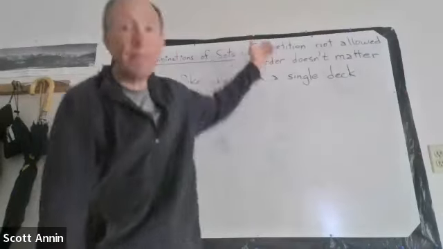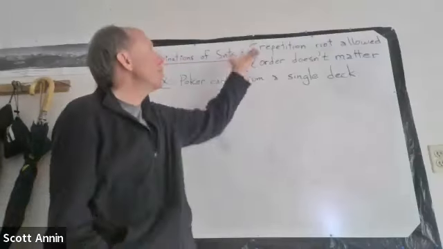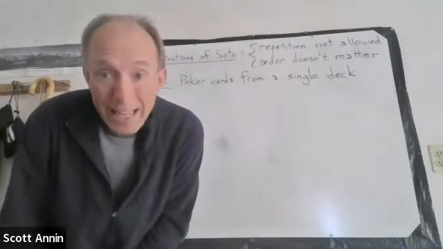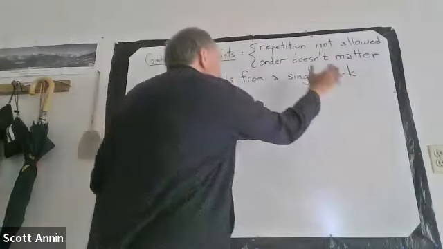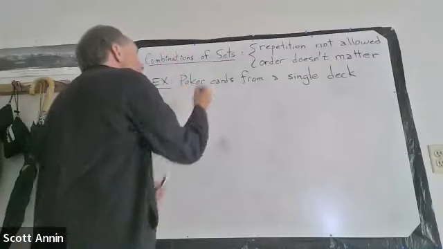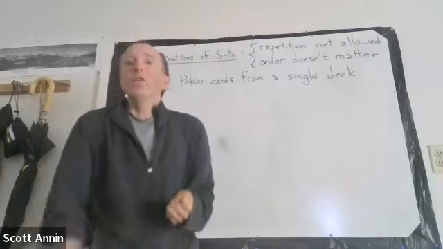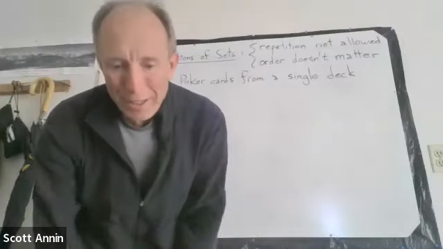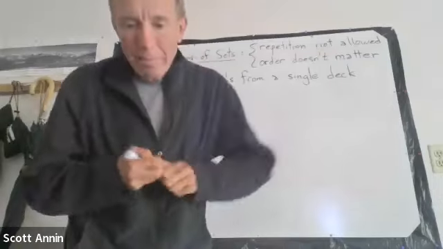You cannot have repetition. If I was shuffling together several decks of cards, then we would have to be looking at a case where repetition is allowed. But here repetition is not allowed. So imagine a single deck of cards being part of a poker hand. You can play them in whichever order you want. That's totally up to you. It makes no difference, right? The order does not matter.